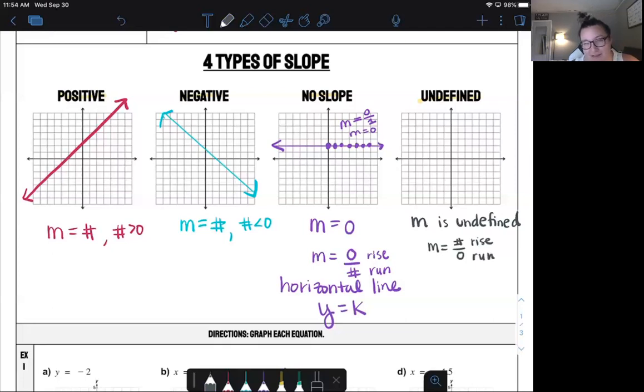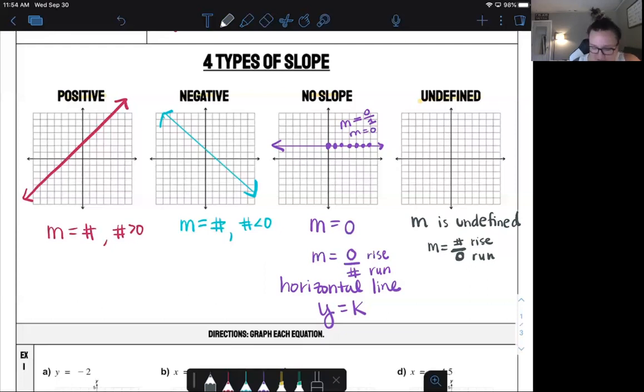Well, are you allowed to divide a number by 0? No. You can't divide something by nothing. That's impossible. So anytime you have a fraction with 0 in the denominator, it is simply undefined. So our slope is therefore undefined.